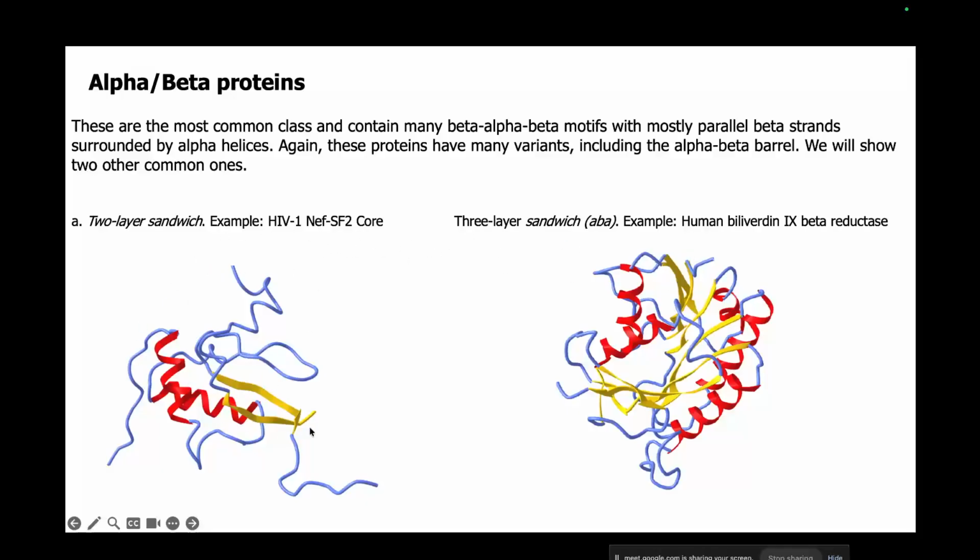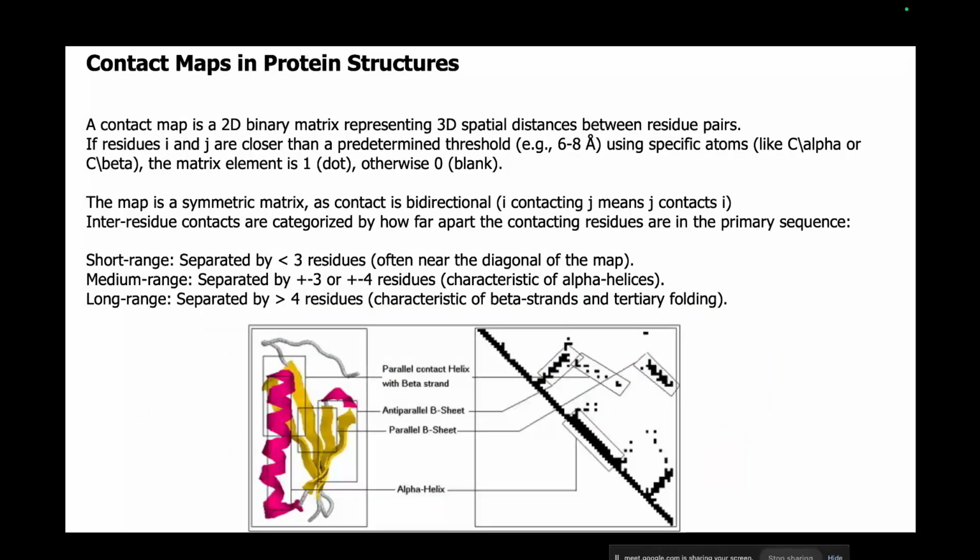So this is a two-layer sandwich, which is a HIV core protein, and this is the human biliverdin 9 beta reductase, which is a three-layer sandwich. So there are three layers. I know it cannot be seen from this angle, but trust me, there are three layers of these alpha beta alpha or beta alpha beta motifs in the proteins.